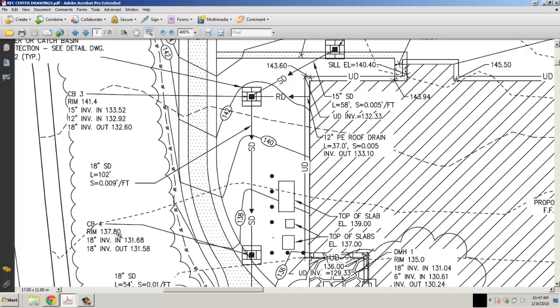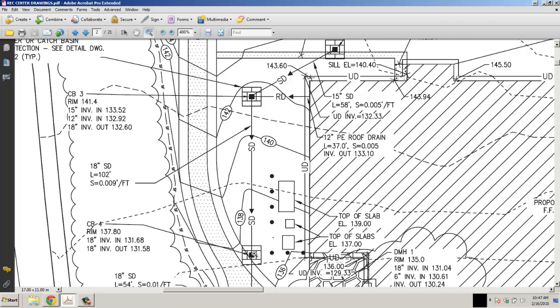These are survey points of elevation taken from our geographical maps and our regular surveys. This one has an 18-inch out at 132.6, and it goes into this catch basin at 131.68.